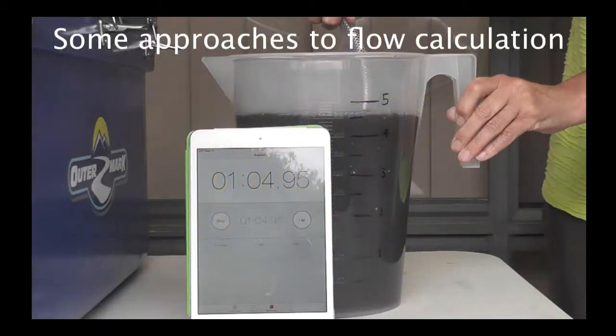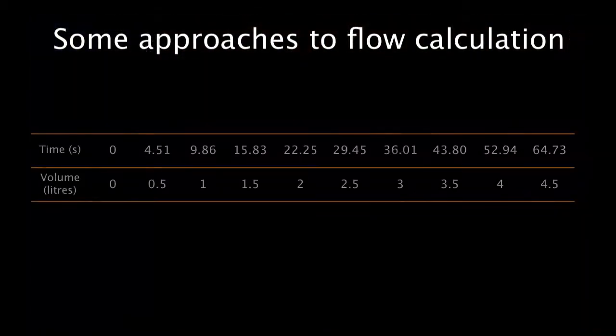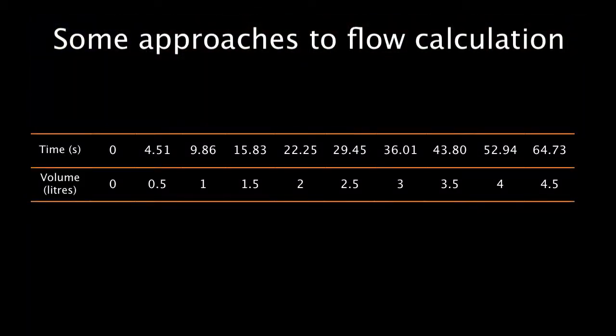How did you go? Before I show you my approach, I will show you two approaches from other people that I have seen before. Both approaches are based on data from the video, the time taken for each half litre to flow into the jug.